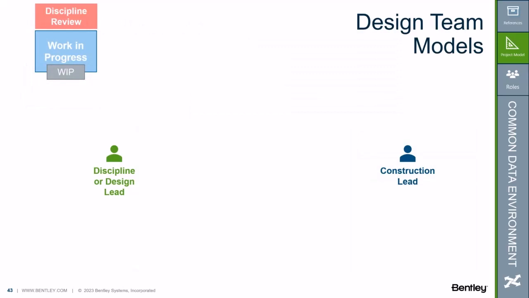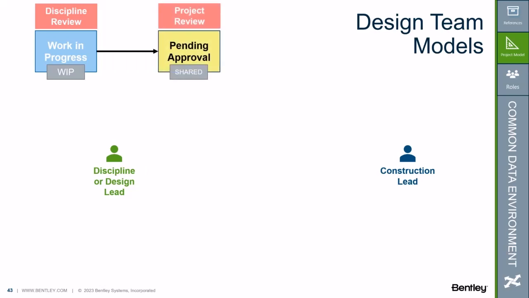Now, in order to model our ISO 19650 process, we had a design team that would complete the design and a review of each container in the work in progress state. This state denotes the WIP CDE status. The main 2 roles for updating the project information models would be the design or discipline lead and the construction lead.